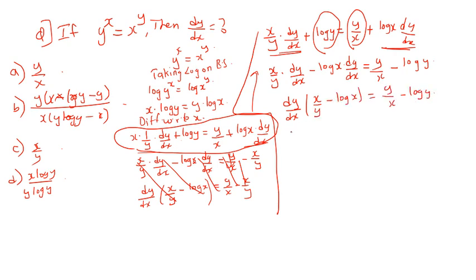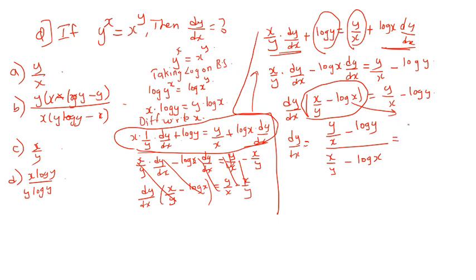So dy by dx is y by x minus log y, whole divided by x by y minus log x, as this term goes to the denominator.